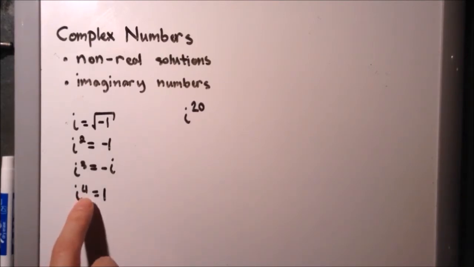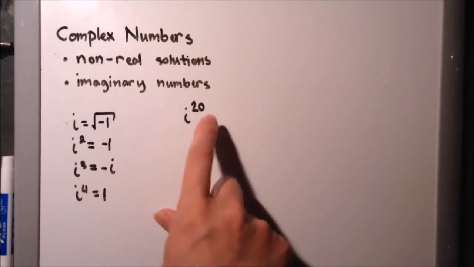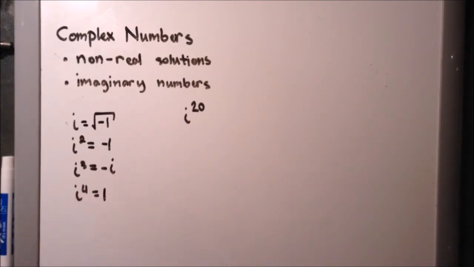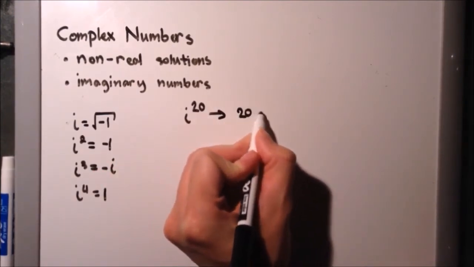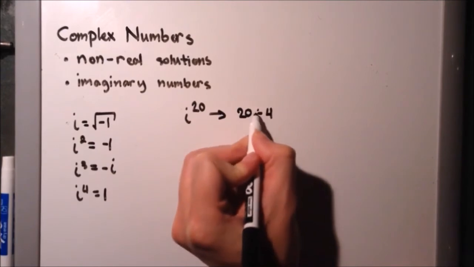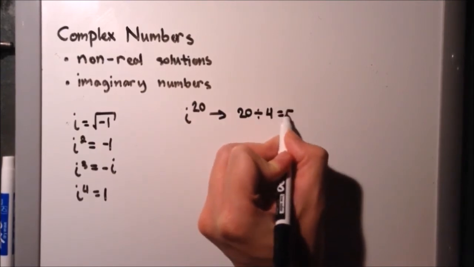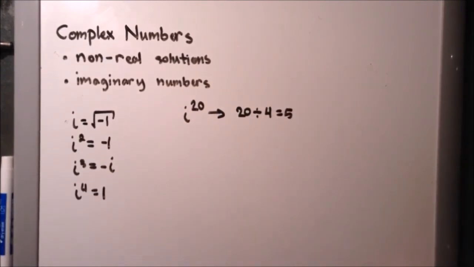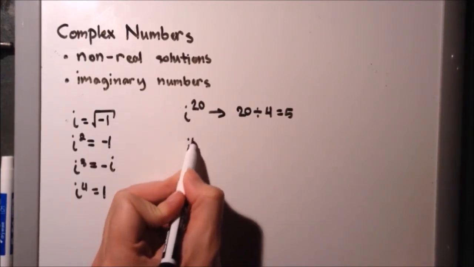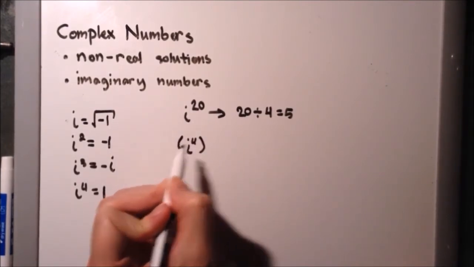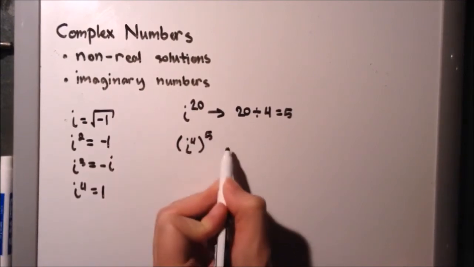Is 20 divisible by 4? Why, yes it is. So, 20 divided by 4 is 5. So, what I'm going to do is use i to the 4th to the power of 5.